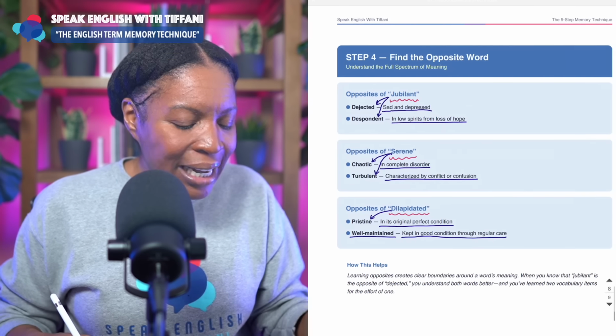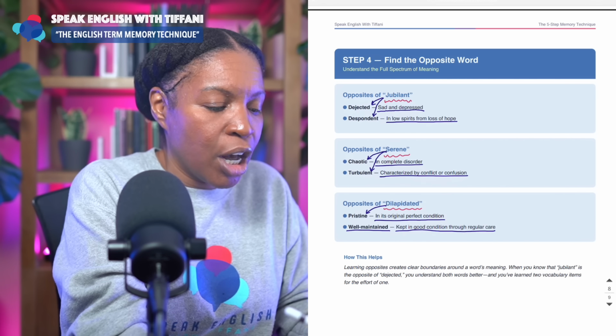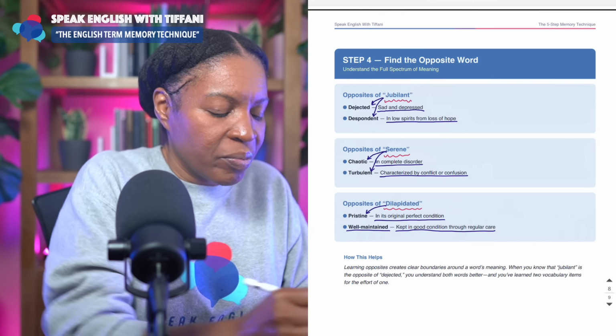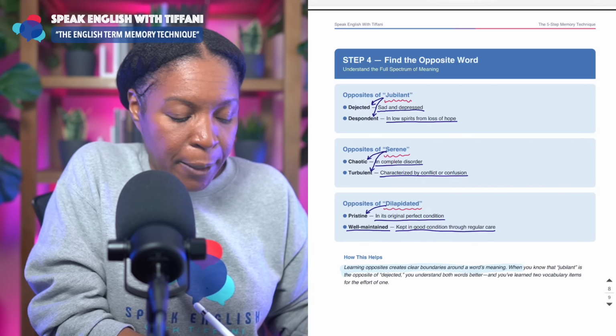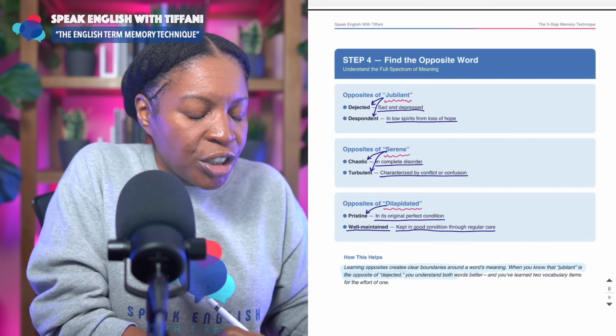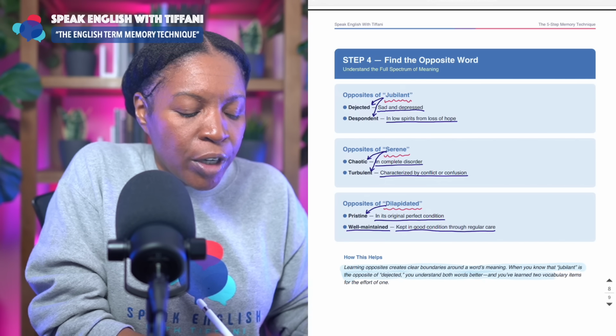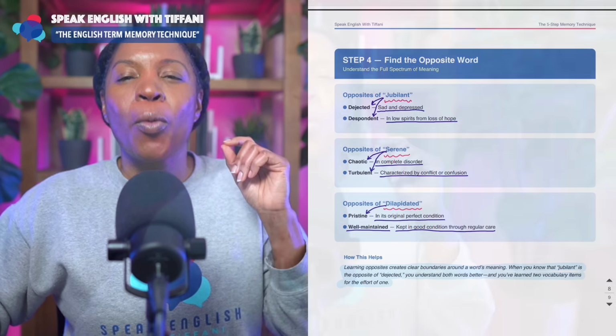Now, why is this so important? Again, I want to emphasize that learning opposites creates clear boundaries around a word's meaning. When you know that jubilant is the opposite of dejected, you understand both words better, and you've learned 2 vocabulary items for the effort of 1.